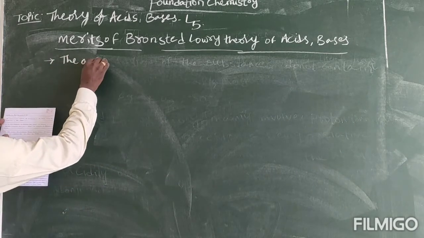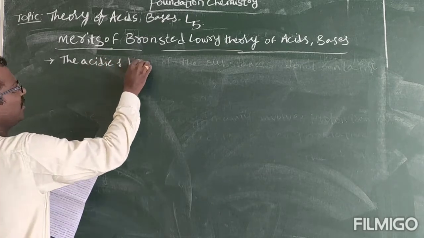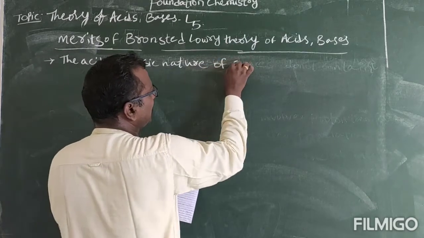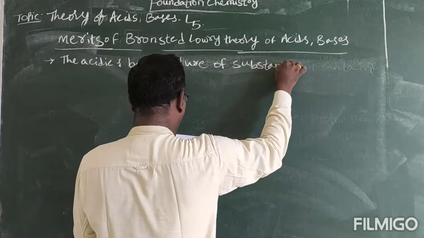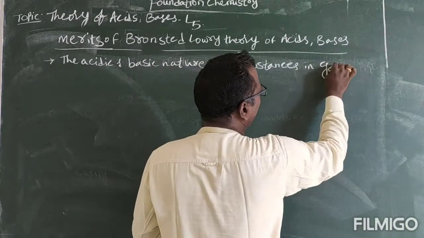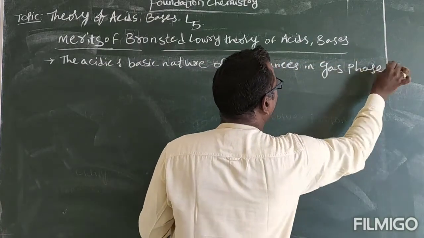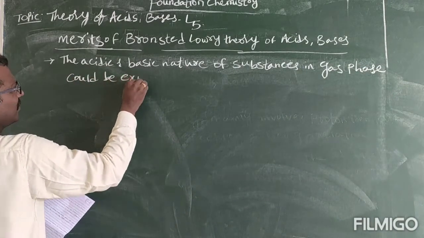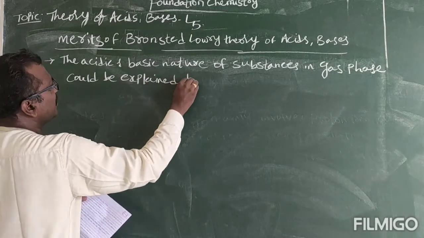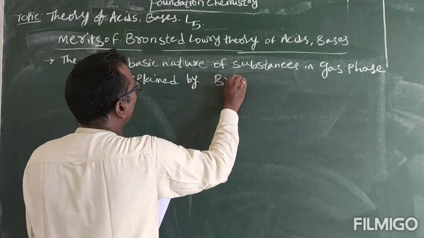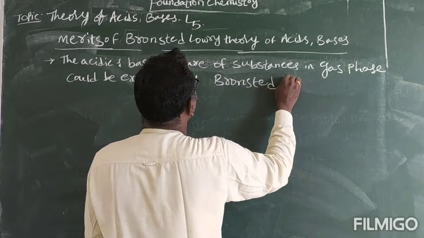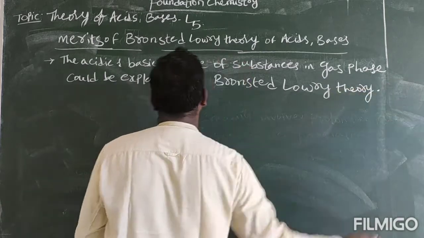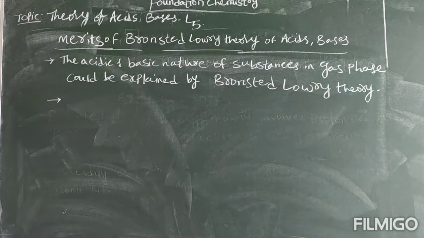The acidic and basic nature of substances in gas phase could be explained by Bronsted-Lowry theory.